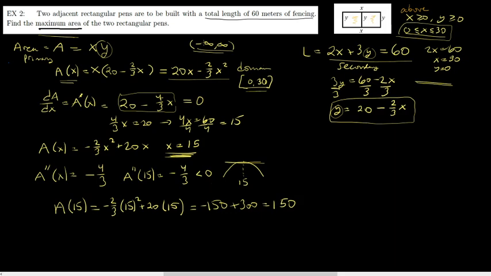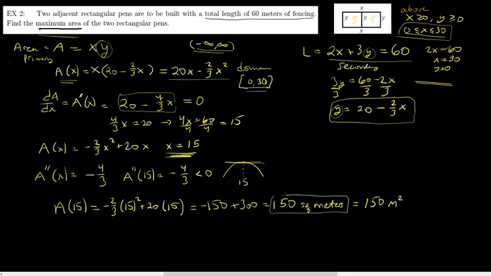150 what though? So remember, x and y are in meters, so this is 150 square meters. Or, when you get to physics, you'll write it as 150 meters squared. Either way is fine.